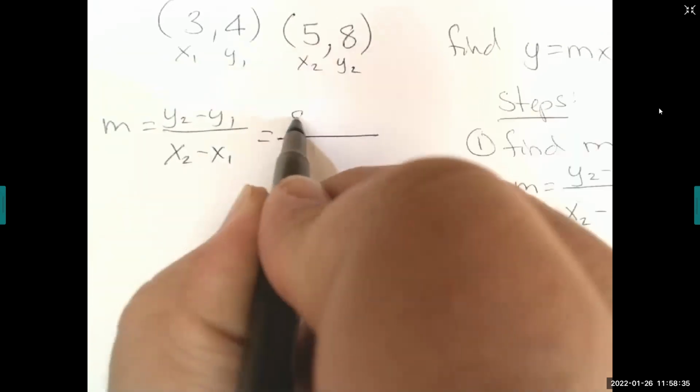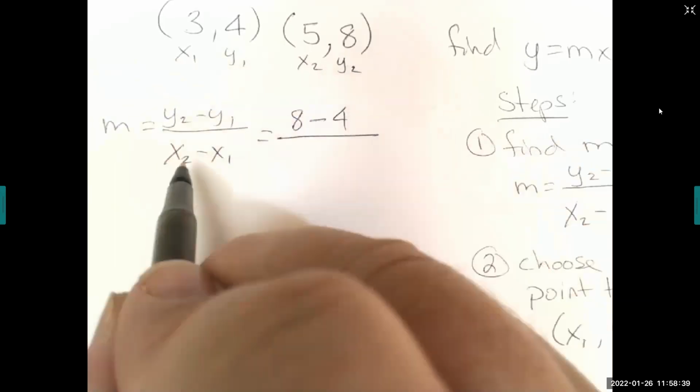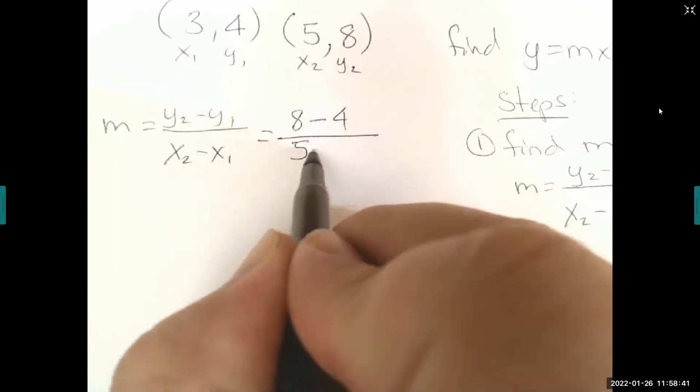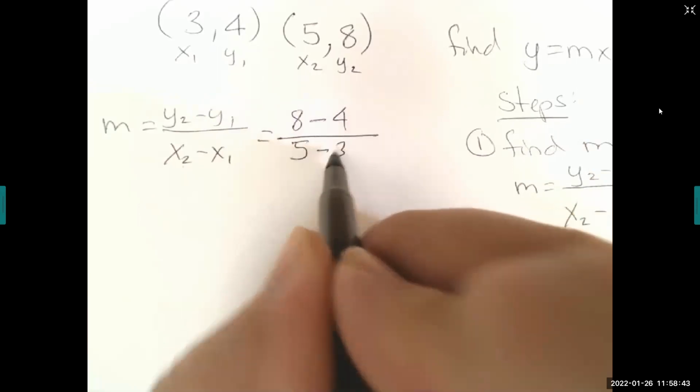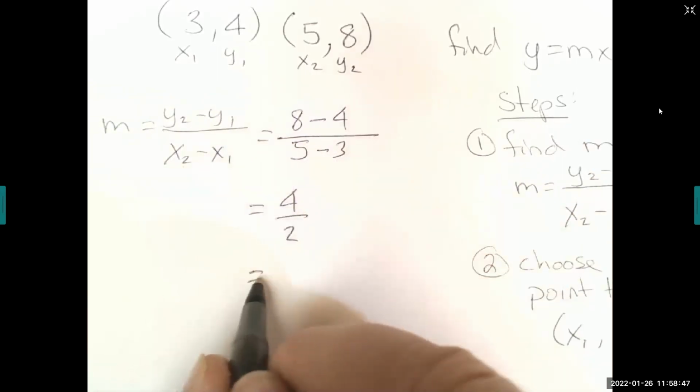Y2 is 8, y1 is 4, x2 is 5, x1 is 3. 4 over 2 is 2.